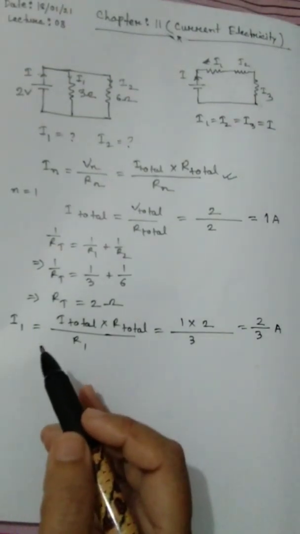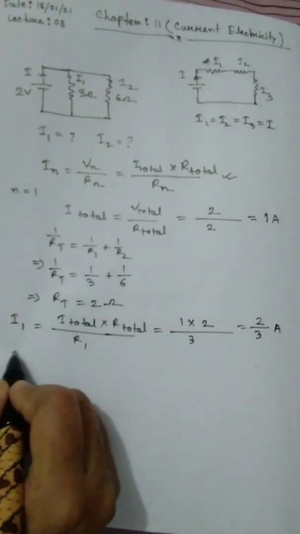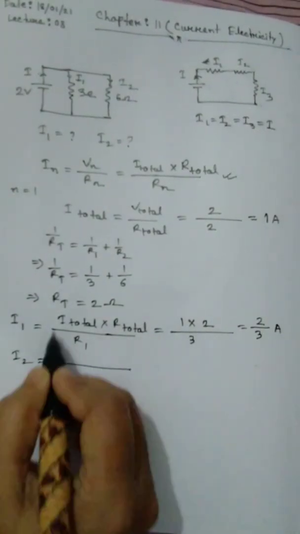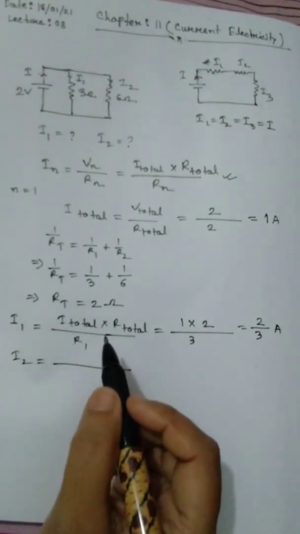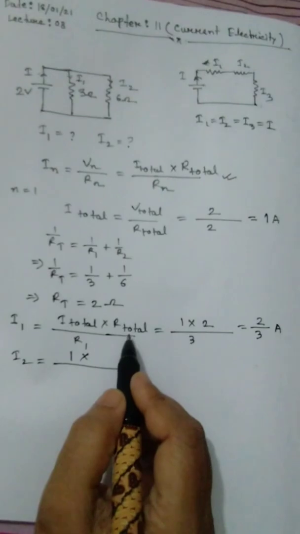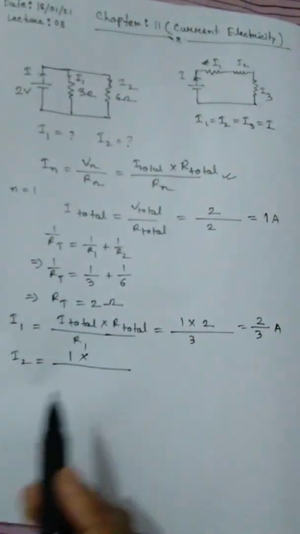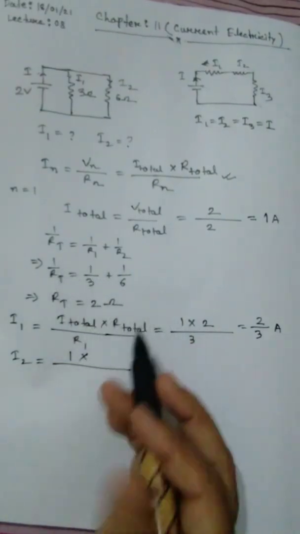In the same way, you can calculate the branch current for I2. I2 equals I total, which is the same for all resistors, 1 amp, and R total is also the same for these two resistors, 2 ohms.